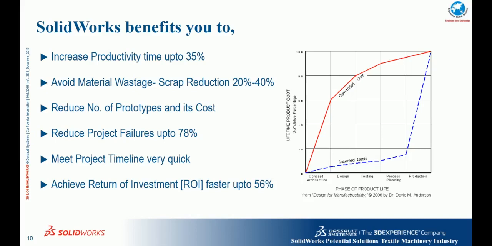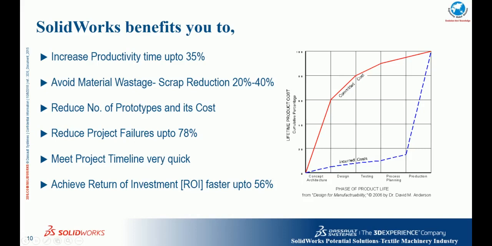And the main thing is material wastage, since GST has a great impact throughout the Indian market as well as the global market. So the material wastage can be easily reduced, by up to 20 to 40%, along with the reduction of prototypes and their cost.